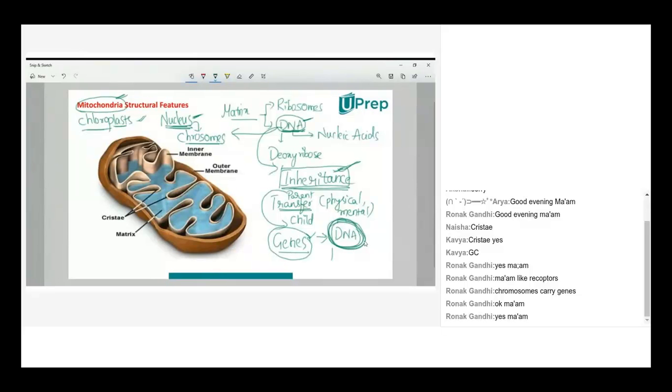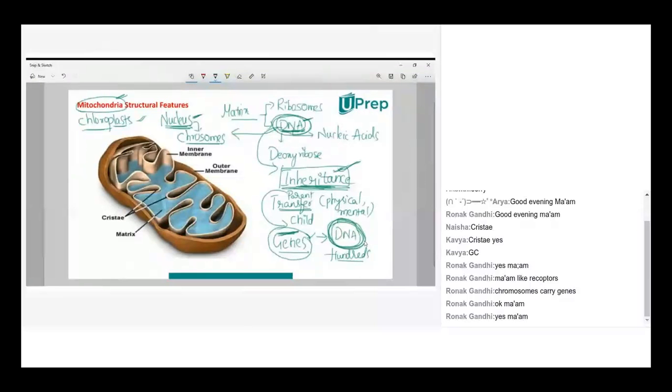When you take a single gene, you'll have some hundreds of DNA molecules. Like that you will have millions of genes in a body, whether it is a plant, an animal, or a human body. So the transfer of characters, or inheritance, is related to genes. Now DNA is getting inherited. This molecule is getting inherited.